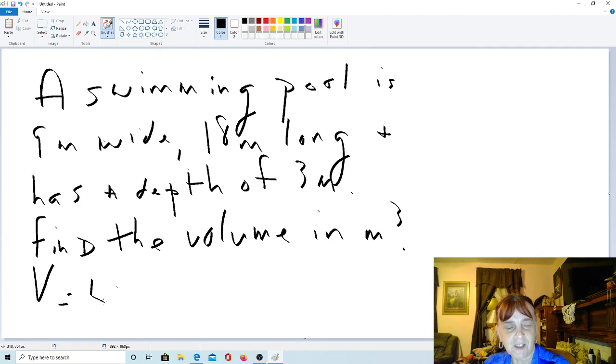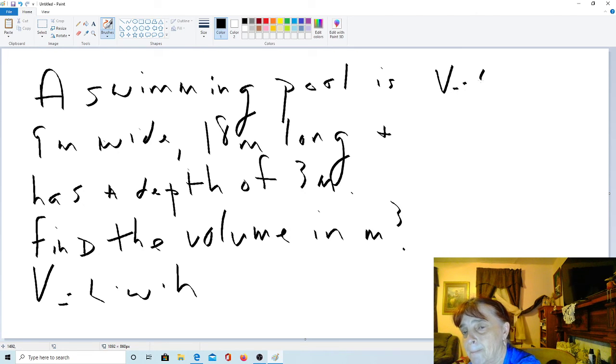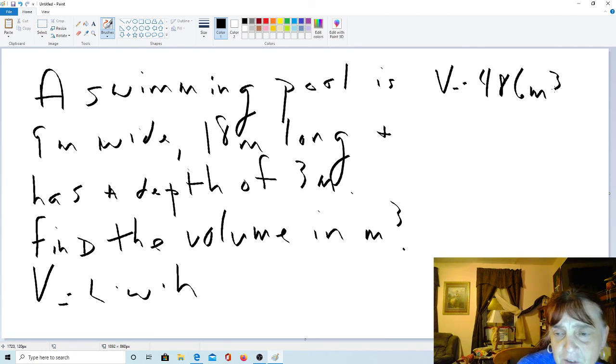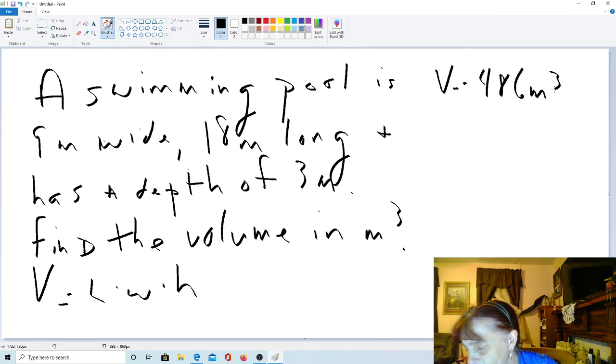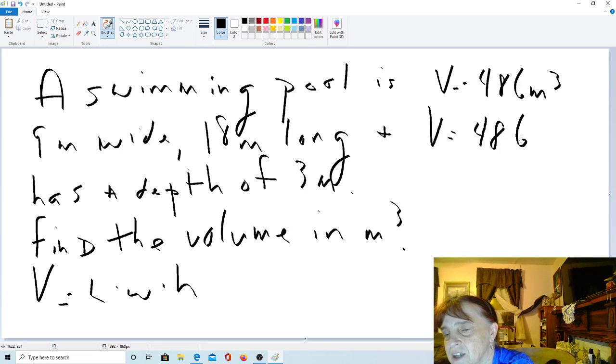So the volume is the length times the width times the height. So it's 9 times 18 times 3. It's 486 cubic meters. And to find the volume in kiloliters, 1 cubic meter is 1 kiloliter. So the volume will be 486 kiloliters.